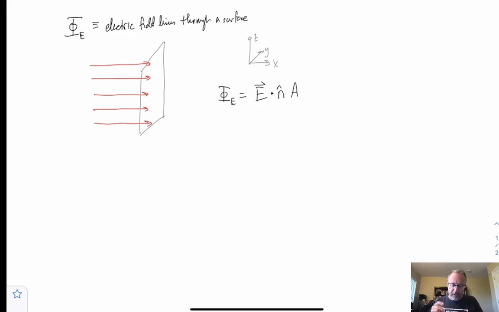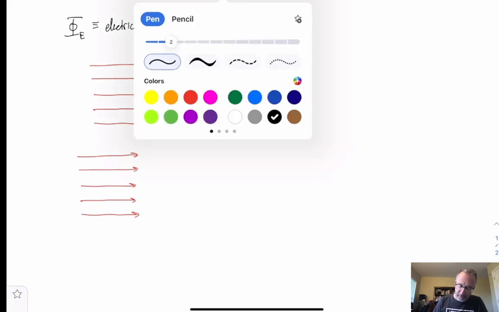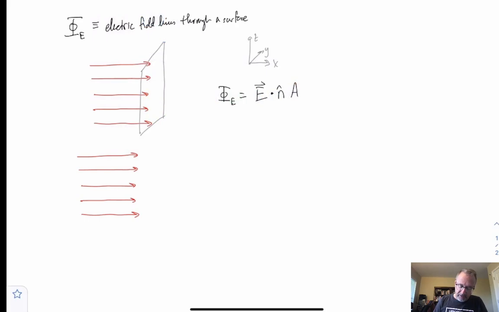The trick here is I'm going to take the same set of electric field lines, but now rotate my surface so that it's in the XY plane.